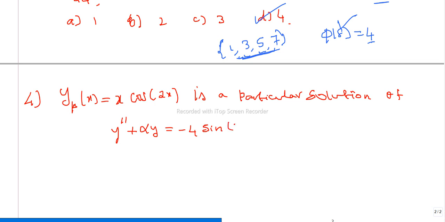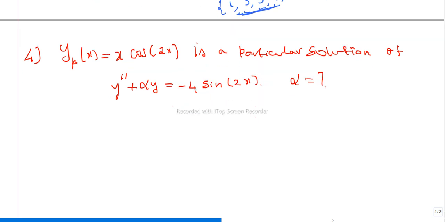Then what is the value of alpha? If this yp is a particular solution, then what is the value of alpha? The options are: first option is minus 4, then minus 2, then 2, and then 4.